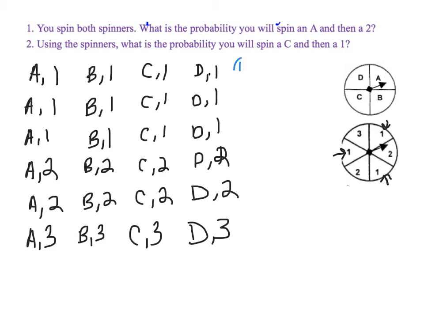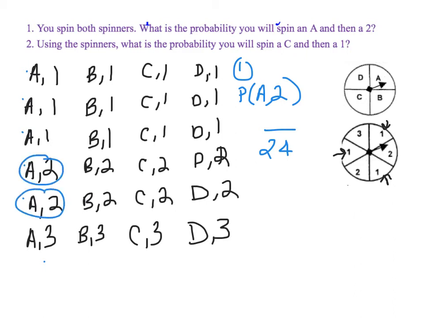So for number 1, we're looking for the probability that I will spin an A and then I'll spin a 2. How many total outcomes are there? 1, 2, 3, 4, 5, 6. There's 4 columns of 6, so that means I have a total of 24 outcomes. I can have this A2 or this A2 as a winning outcome, so I get 2 over 24 or 1/12.